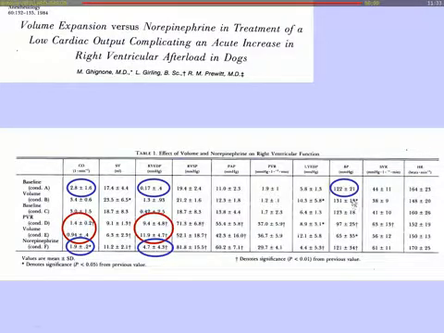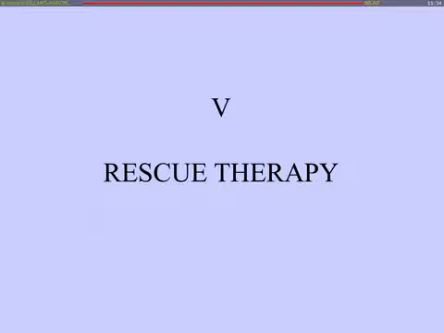Finally, if you look at the blood pressure, normal blood pressure at baseline, a drop in blood pressure during obstruction, a further decrease after fluid expansion, and a restoration of blood pressure by norepinephrine. So it is very logical that fluids are definitively useless in this kind of patient, and you have to promote norepinephrine infusion rather than give more fluids to the patient.